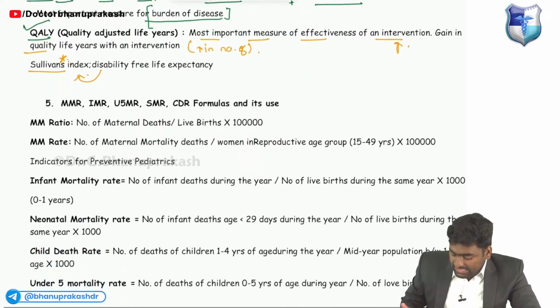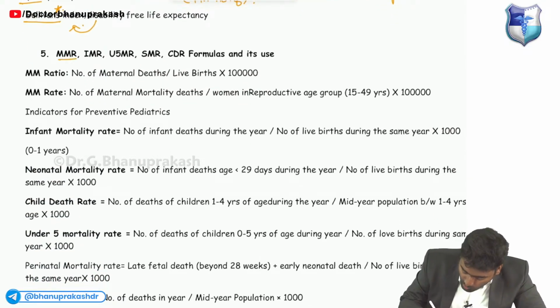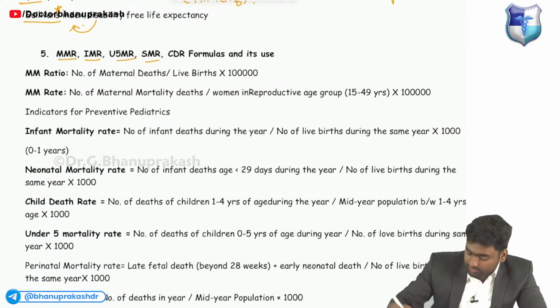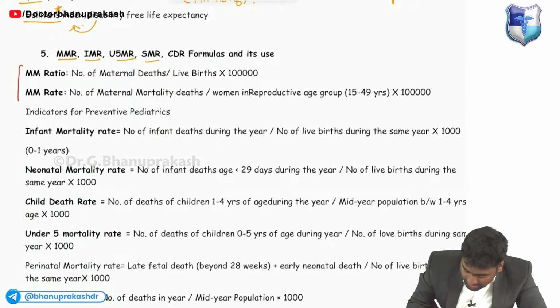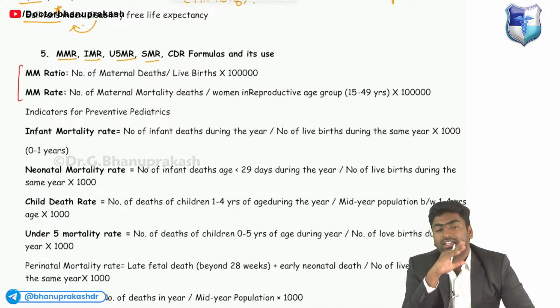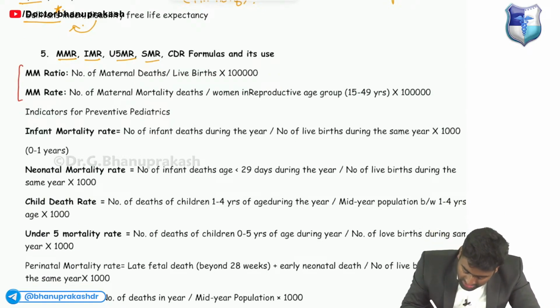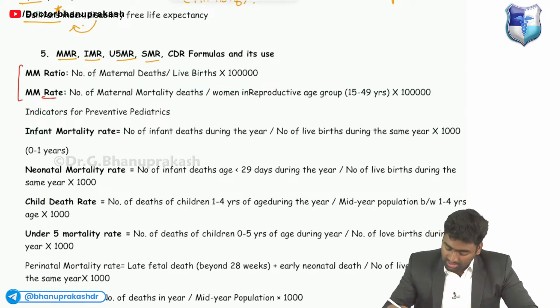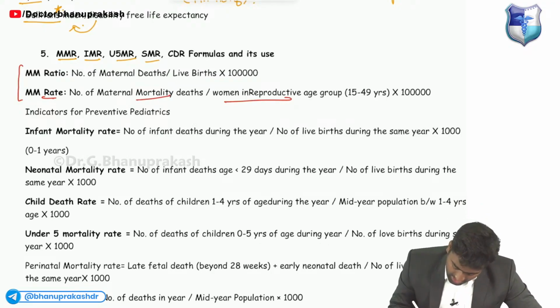Fine. Recently they started asking about formulas. The most important differentiating formulas are maternal mortality rate and maternal mortality ratio. In a rate, usually the numerator is a part of the denominator, whereas in a ratio, the numerator won't be a part of the denominator.